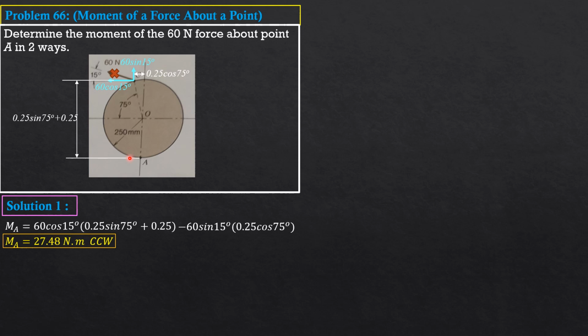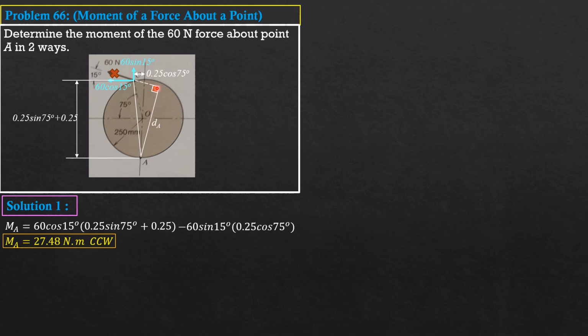For the second method, let's have the force times perpendicular distance. So this is the perpendicular distance d sub A, and this is the distance from A to the point where the force acts, and we can find that as the square root of this horizontal distance squared plus this vertical distance squared, because this is a right triangle, by Pythagoras theorem.